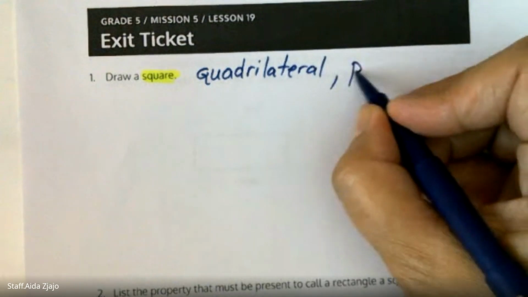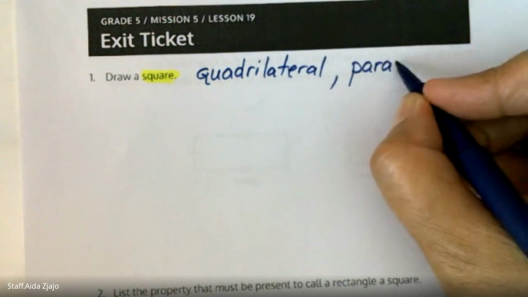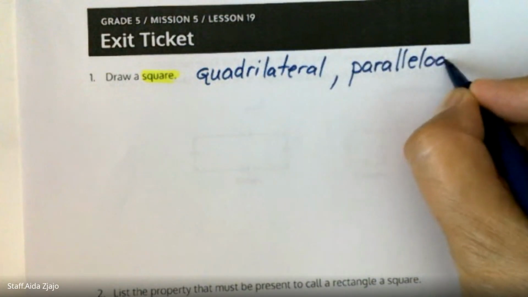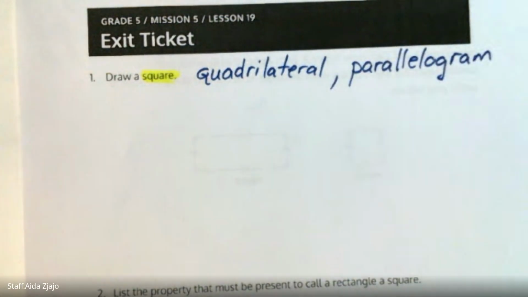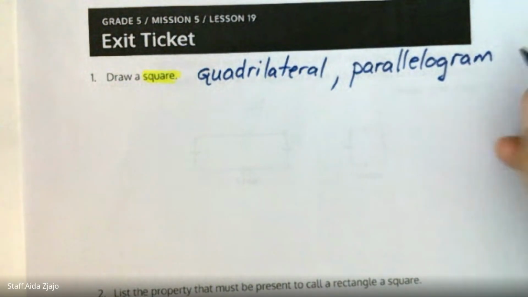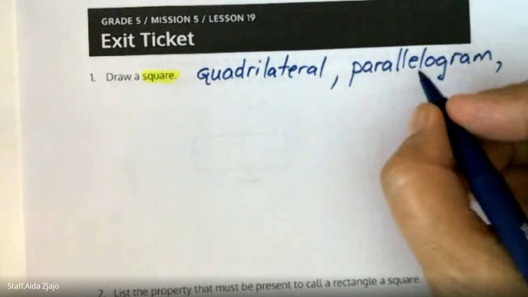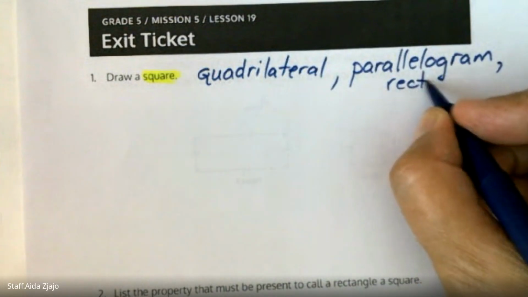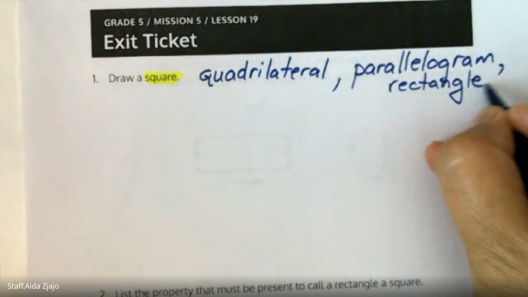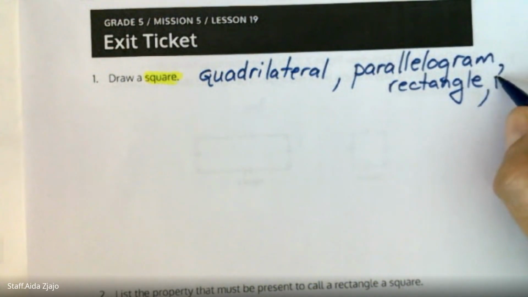It is a parallelogram. A square is a rectangle. A square is a rhombus.